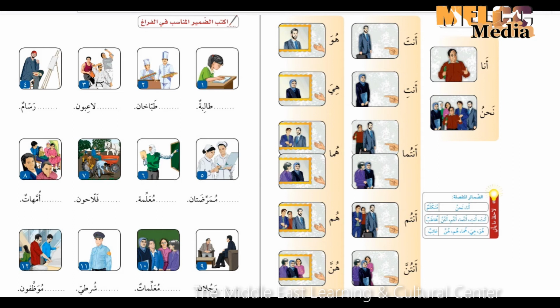Here, this is where the fun begins. Before I start with this one, there is something different about the Arabic language when it comes to pronouns. In Arabic, we have a pronoun for an individual, like a single person, and we have a pronoun for a group, and we have a pronoun for two, like for dual or pairs.